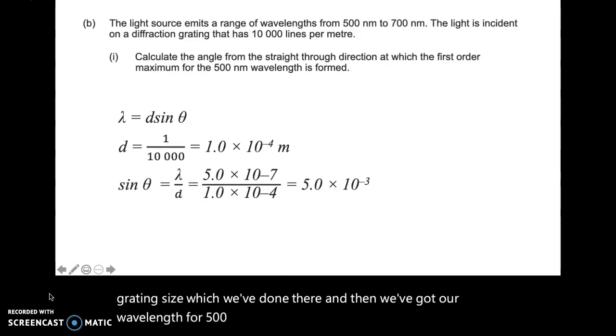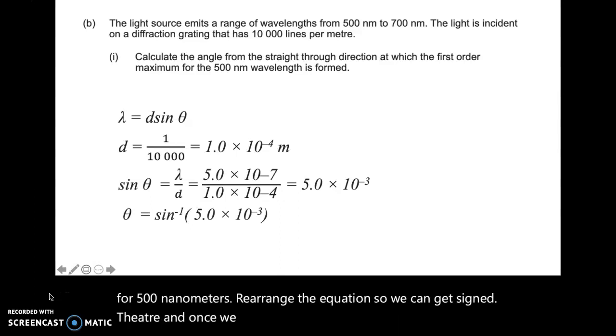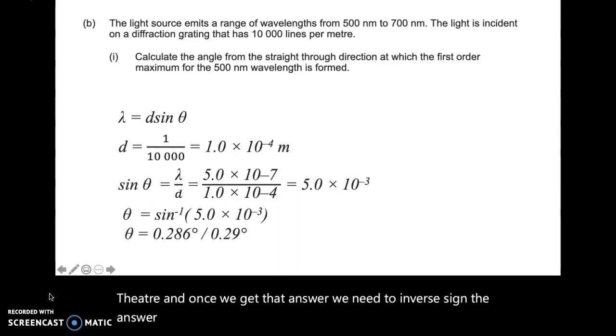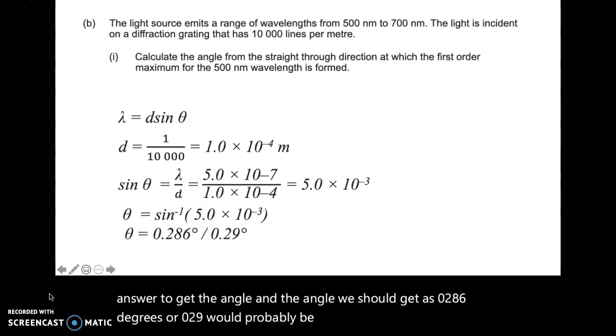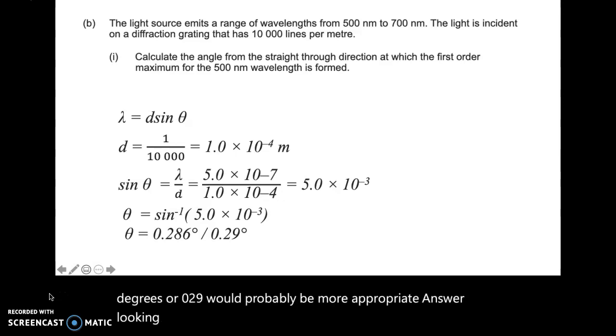Rearrange the equation so we can get sine theta, and once we get that answer we need to inverse sine the answer to get the angle, and the angle we should get is 0.286 degrees, or 0.29 would probably be a more appropriate answer looking at the significant figures used in the question.